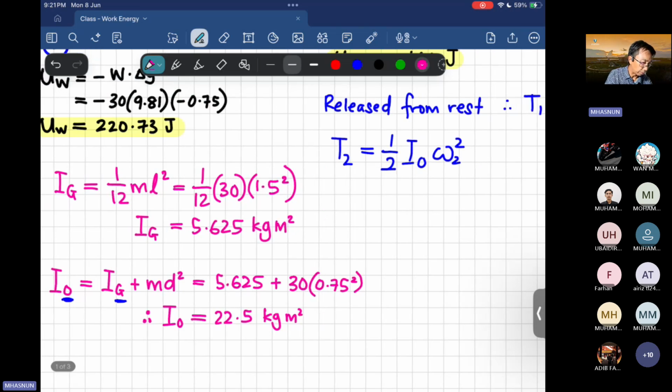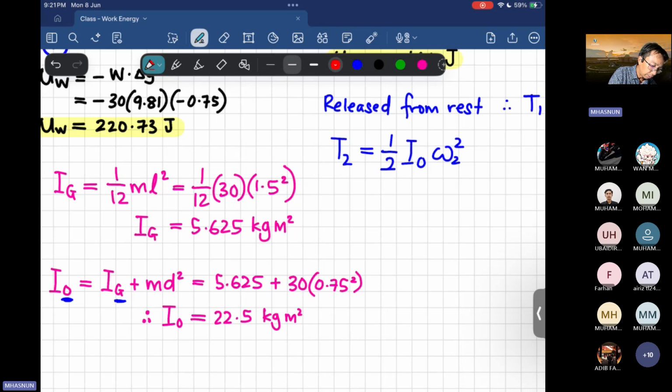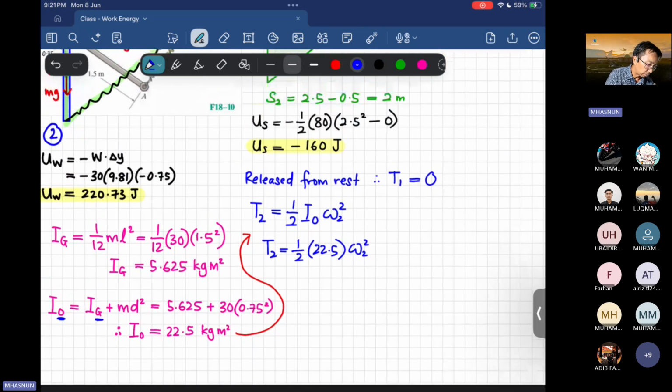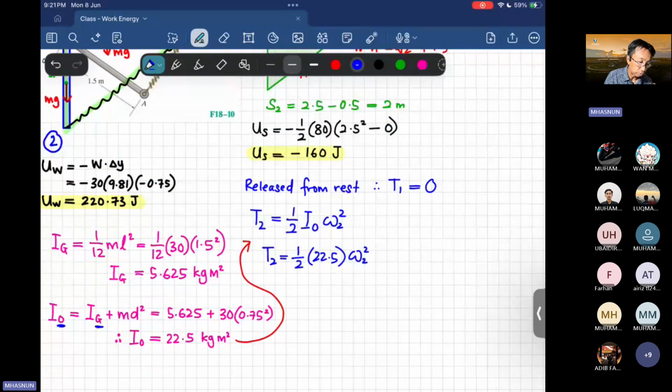Once we have the value of I_O, we can then substitute this in this T2 equation. So we will get T2 is equal to 1 over 2 multiplied with 22.5, and omega 2 square is the value that we are looking for. What we want to calculate is basically omega 2.